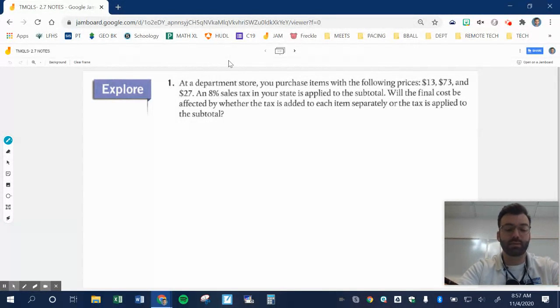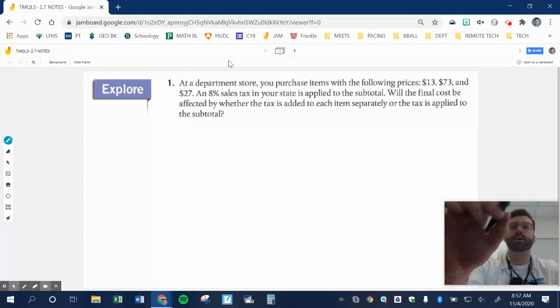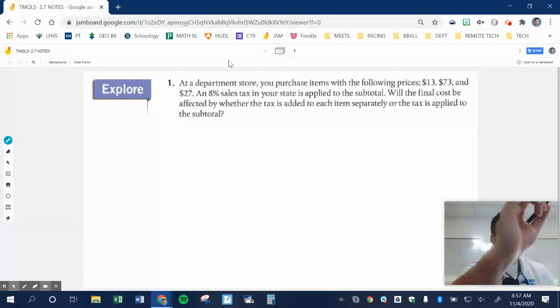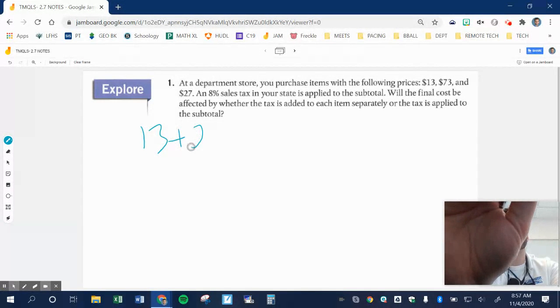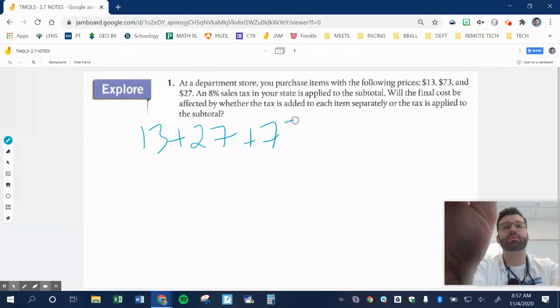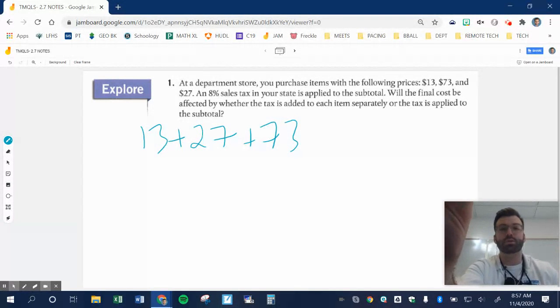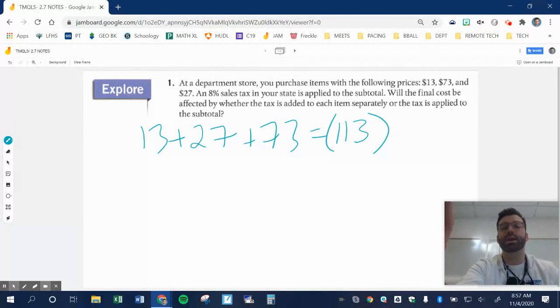So what I want to do is think about the pre-tax total. Our total is going to be what? 13 plus 27 plus 73, which is 113. Now I want to tax that with an 8% tax.